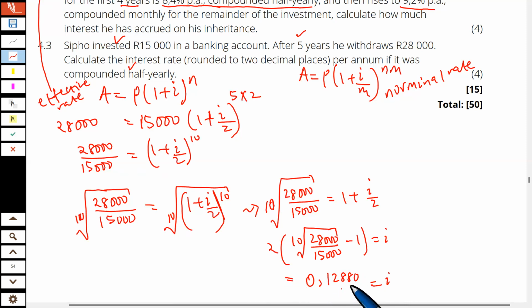Then you multiply it by 100, and therefore it becomes 12,88%. Okay, you have 12,88%. So this is the answer.